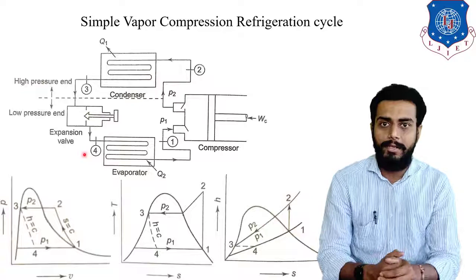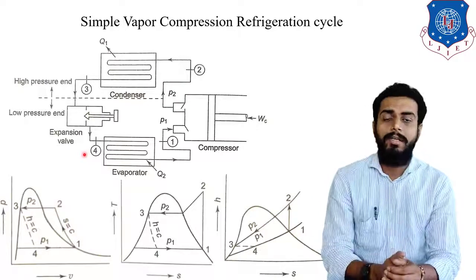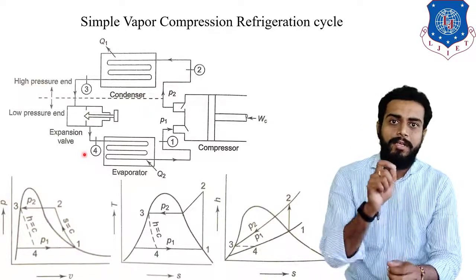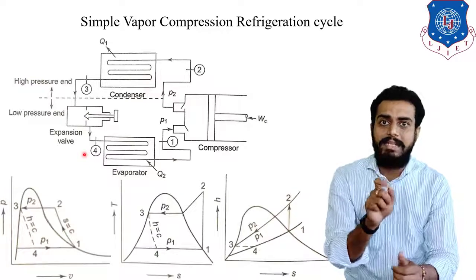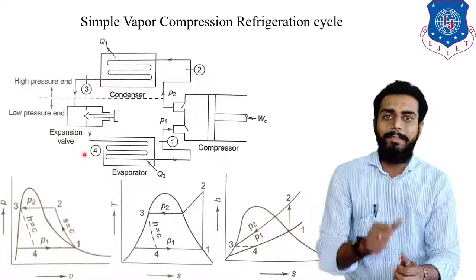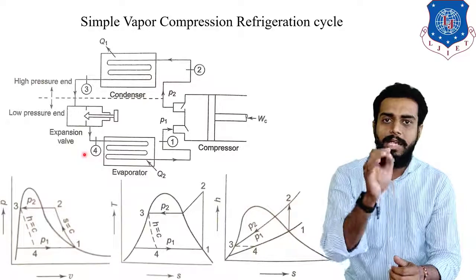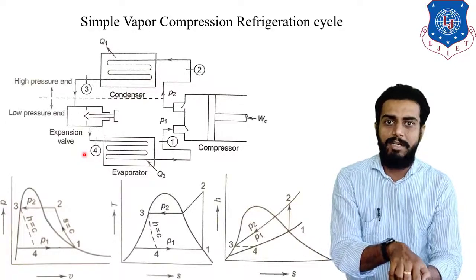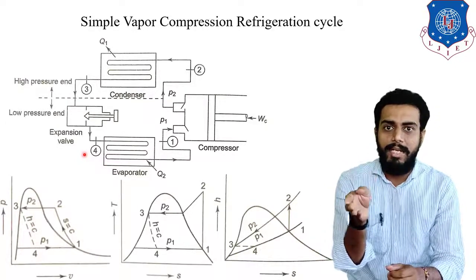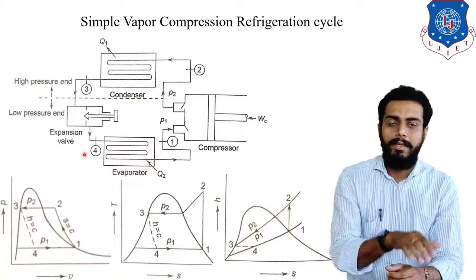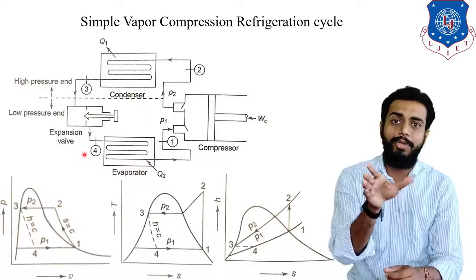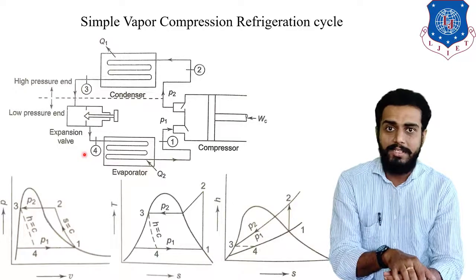Sir, we didn't understand. Let us think logically. See, if saturation temperature is less than atmospheric temperature, then what will happen? Let us understand. Now you know that the concept of saturation temperature is what? To convert the liquid into vapor or boiling point. That is known as saturation temperature. Right?